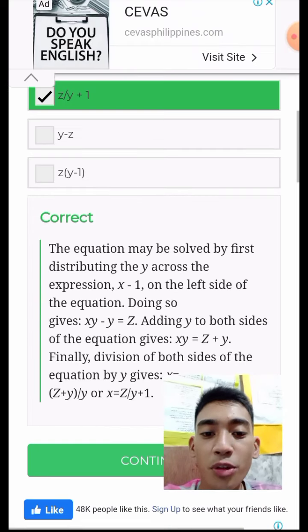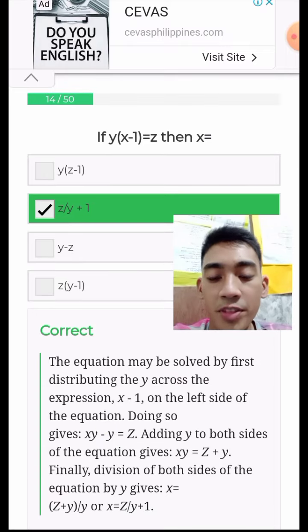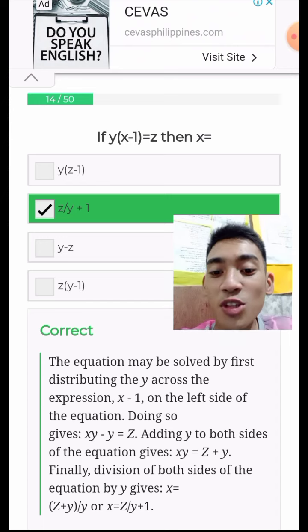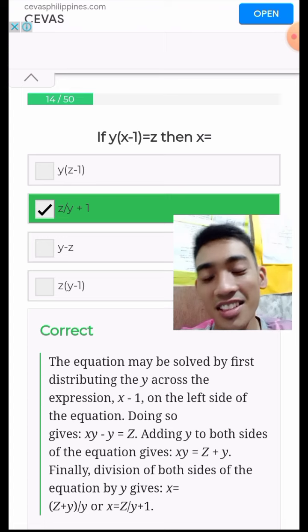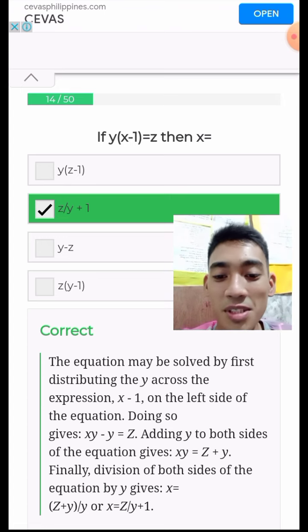The equation may also be solved by first distributing the y across the expression. This is an alternative. Distributing y to x minus 1, it becomes xy minus y equals z.